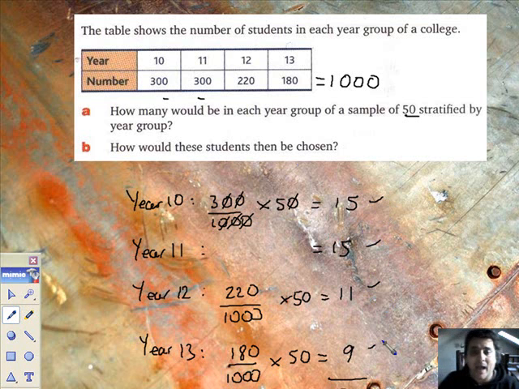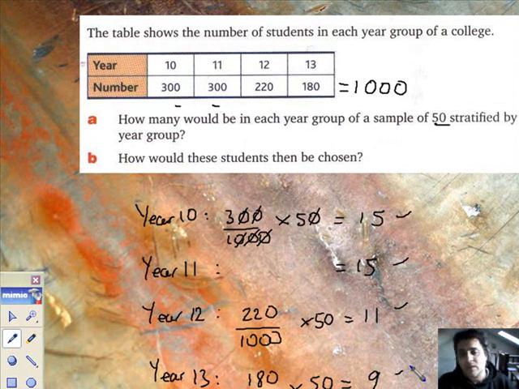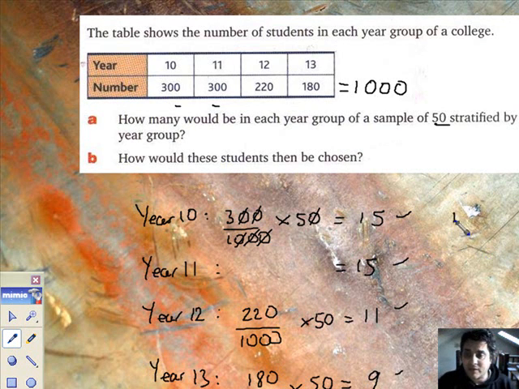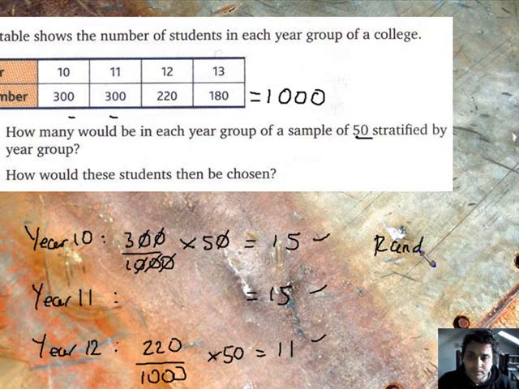How would these students be chosen? Well, let's take these 15, for example, these 15 year 10s. I've got 300 to choose from, so I've got to choose them randomly. So let's get a mark for writing the word random somewhere. Must be randomly selected. I've got to give an example here.